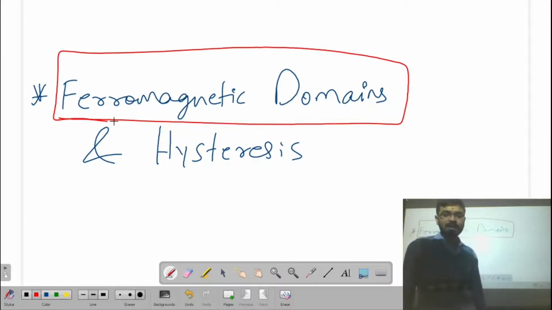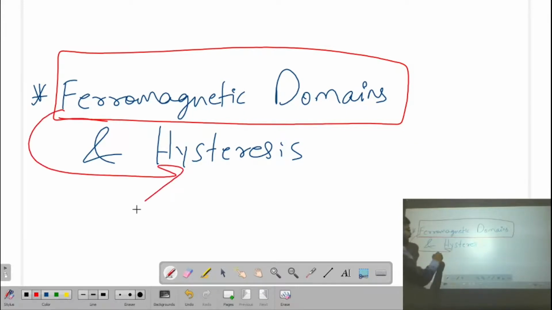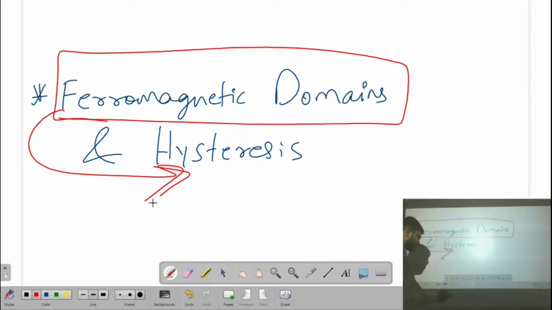First of all, we will understand what ferromagnetic domains are, and then we will correlate them with hysteresis. So first of all, we will understand the ferromagnetic domains, right?